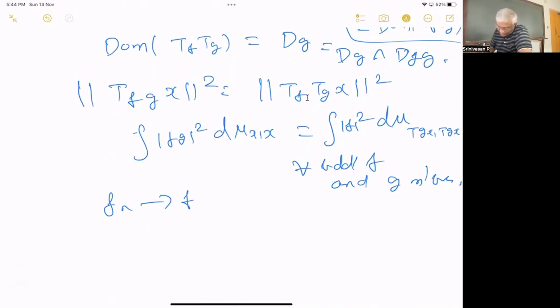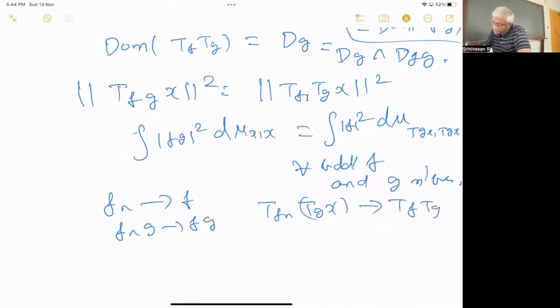F_n G will converge to FG, and T_Fn T_G x will converge to T_F T_G x, right? And F_n G x will converge to, okay, this is because of the earlier trick. Earlier, that is why I recalled it again.